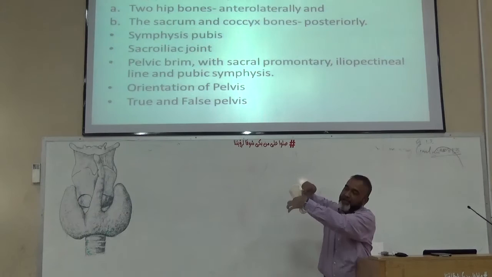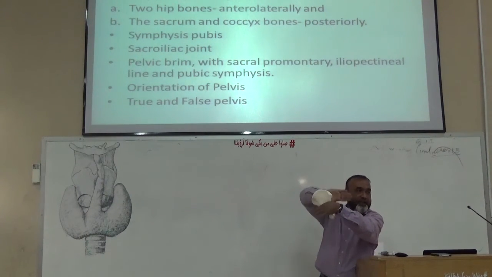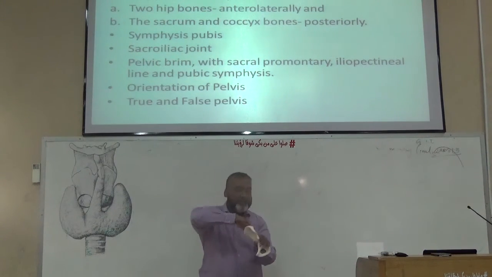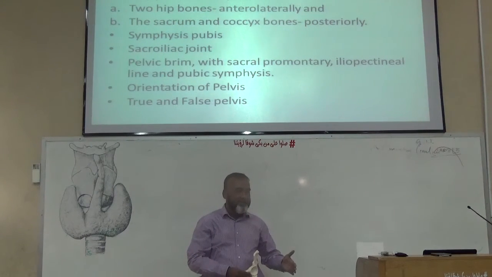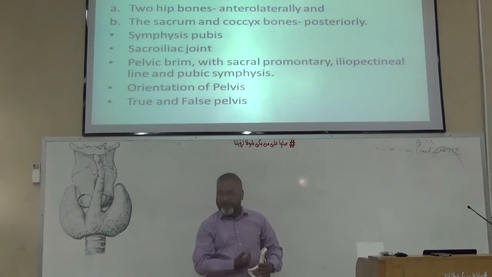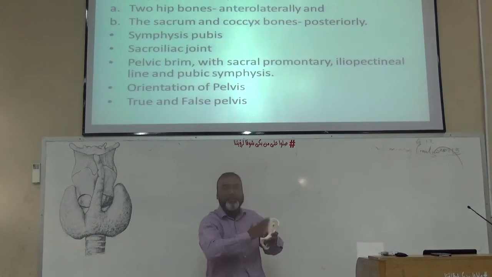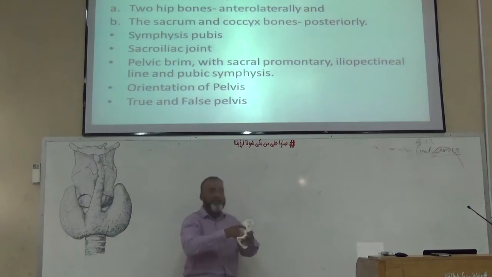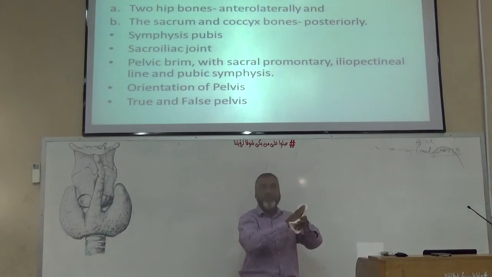Similarly, posteriorly, the posterior superior and posterior inferior iliac spines. In anatomical position, this is the outer or lateral surface, and this is the inner or medial surface. As this produces a slight depression, it is named the iliac fossa, and there is also the attachment of the iliacus muscle.